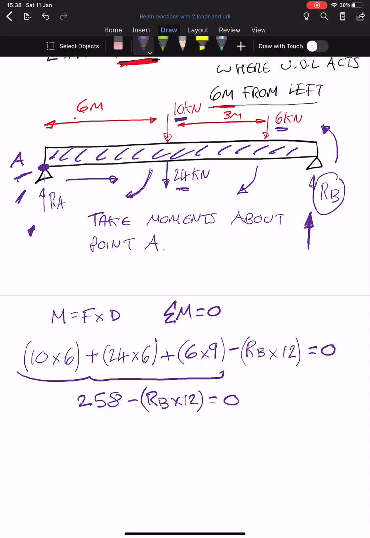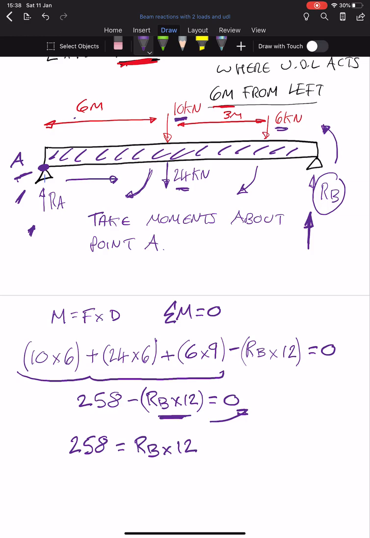I'm going to now move this negative term over here. So I'm going to leave the 258 there, and I'm going to take the RB times by 12 across, making it positive. I've just taken this negative term over to this side. 258 equals RB times by 12.